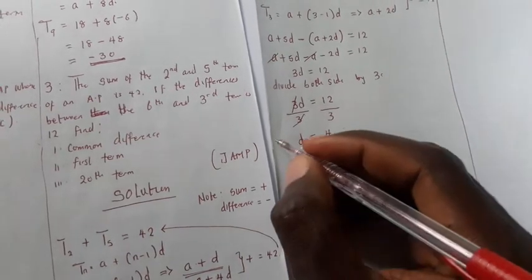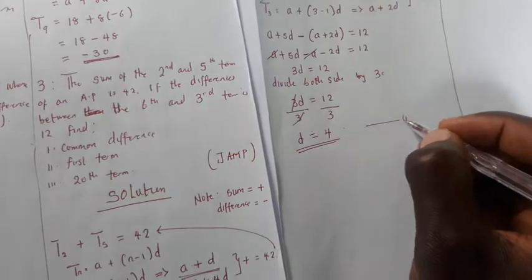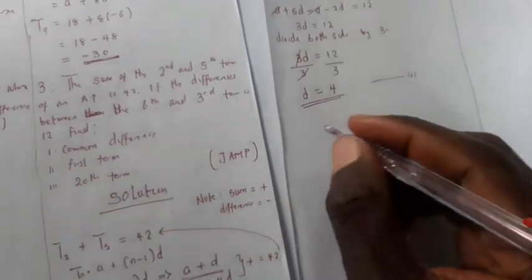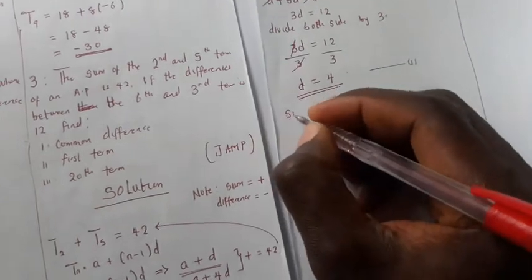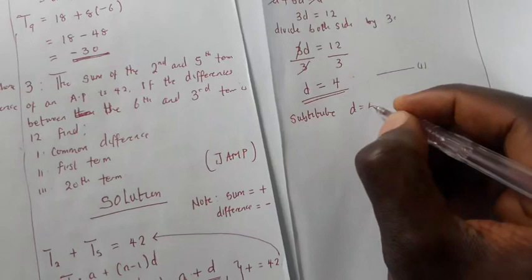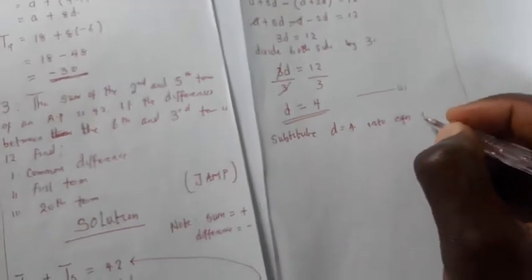This is Roman figure 1. We've solved Roman figure 1. Good. The first term now: substitute D equals 4 into equation 1.